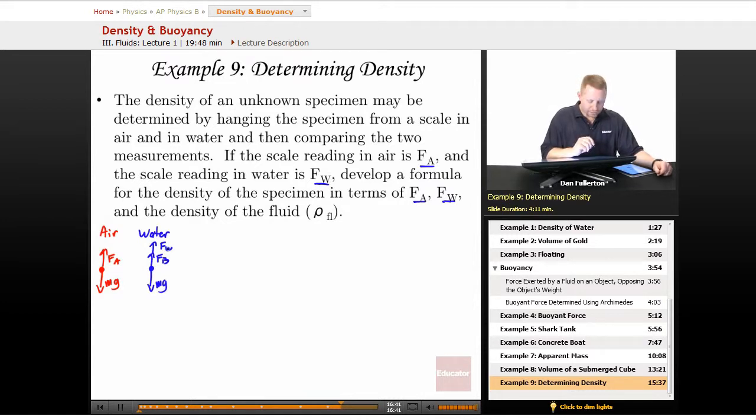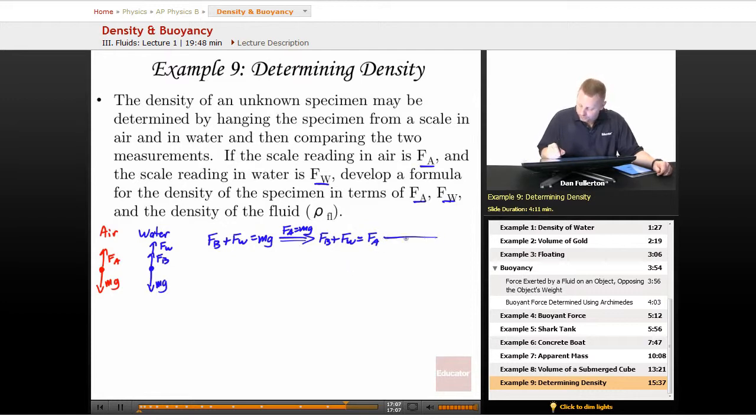So, starting with the water, we've got FB, the buoyant force, plus the force of the scale when it's in water must be equal to its weight because it's at equilibrium. And we also know that the force in air is equal to mg. So I could rewrite this as FB plus FW equals FA.